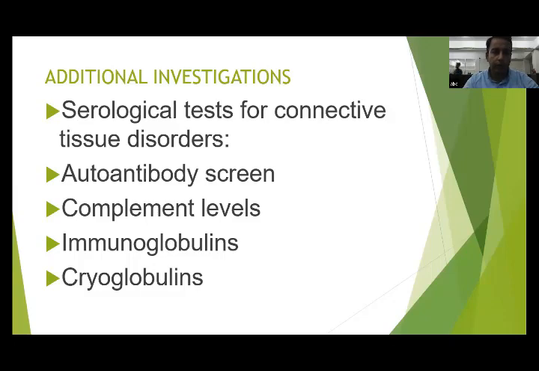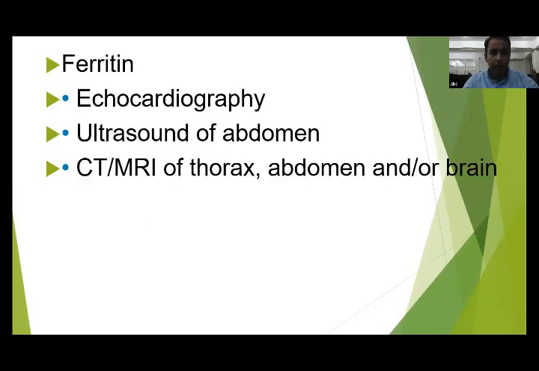Complement levels, immunoglobulin levels. If the patient has a recurrent history of infections or recurrent fevers, go for immunoglobulin levels, as the patient may have hypogammaglobulinemia, a congenital cause, or cryoglobulinemia. Ferritin levels, CRP and ESR are inflammatory markers and give you an estimation of severity of a disease.